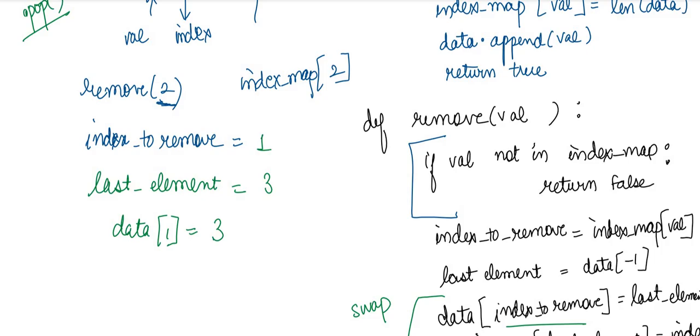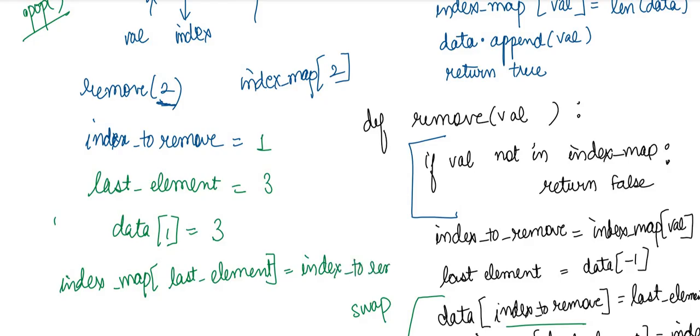So you have to update the index of the last element as well. That means in the index map, for the last element, the index that will come is the index you are removing, because there you are shifting your last element, right?